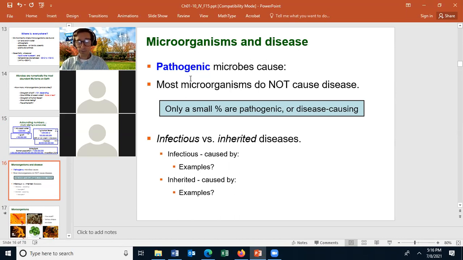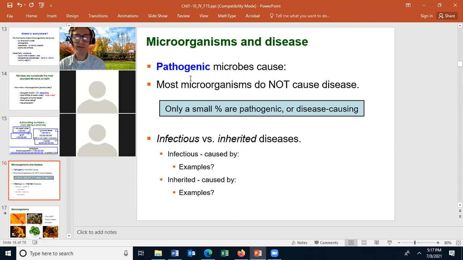And if you're a cystic fibrosis patient, that means you have a gene, or actually 2 of them, for cystic fibrosis. An infectious disease is one caused by a microorganism, and some examples of that would be colds and flus, COVID-19, Streptococcus pneumoniae, or Streptococcus pyogenes causing strep throat. Okay? So those are just some examples.